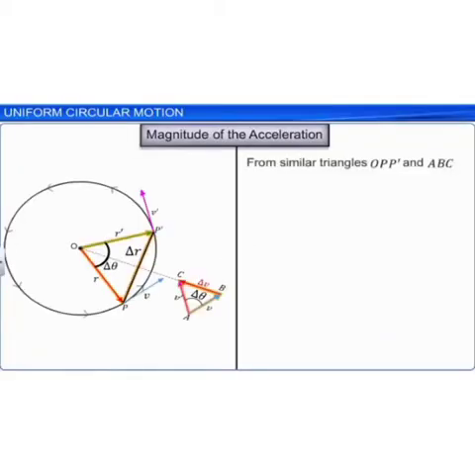From these similar triangles, we can write magnitude of delta v by v is equal to magnitude of delta r by R, where R is the radius of the circle. This can be written as magnitude of delta v is equal to v into magnitude of delta r by R.